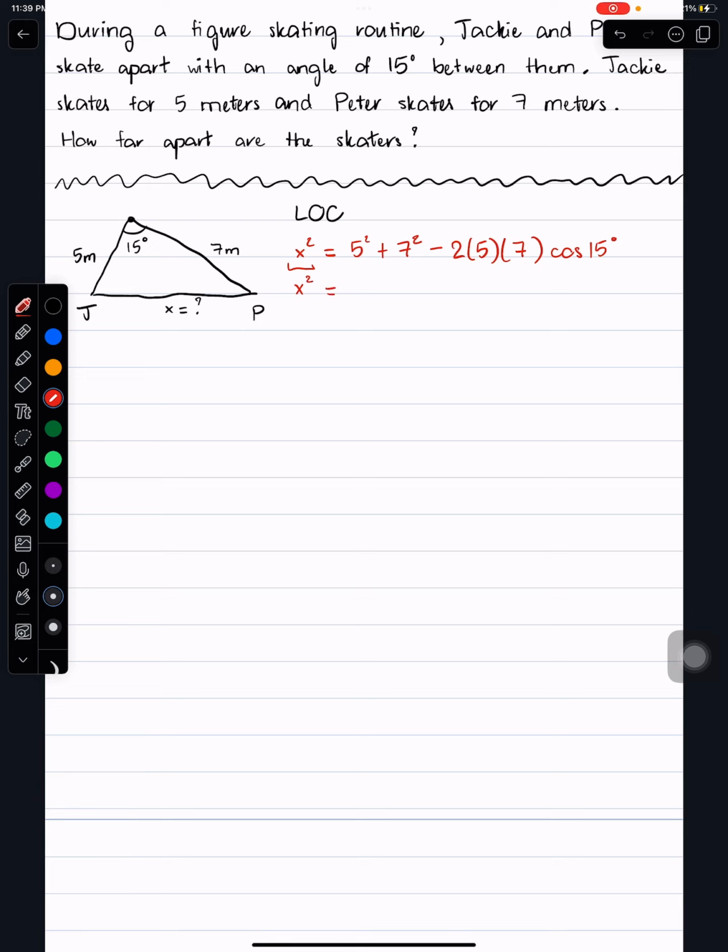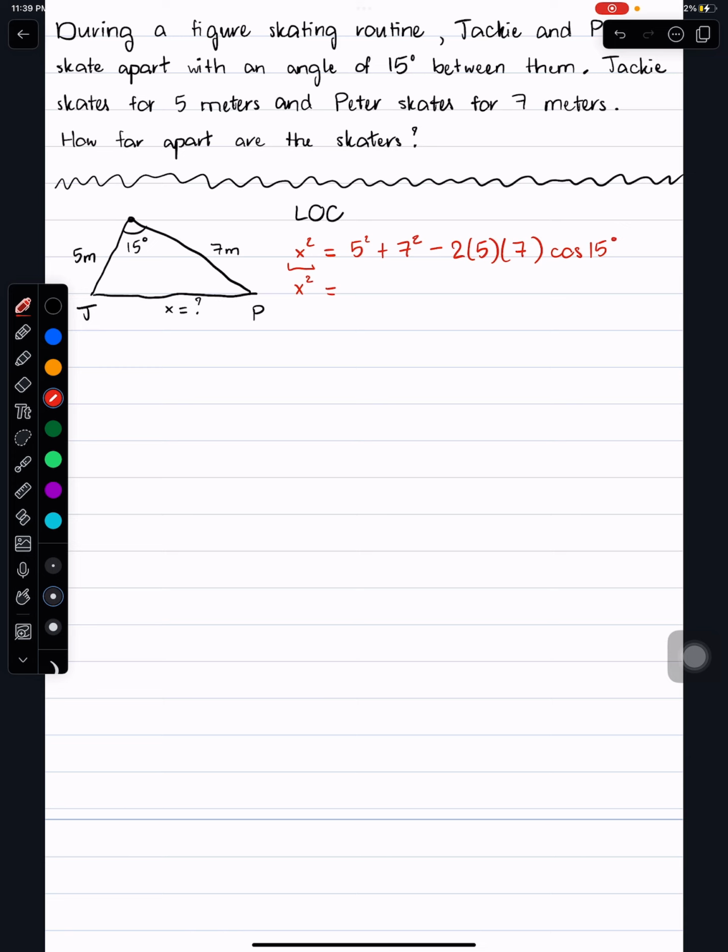If you want to, you can put everything into the calculator and then you're going to get x squared. In the calculator, you're going to do 5 squared plus 7 squared minus 2, open parenthesis 5 close, open parenthesis 7 close, and then cosine of 15 degrees. Make sure your calculator is in degree mode, or else you're going to get the wrong answer.